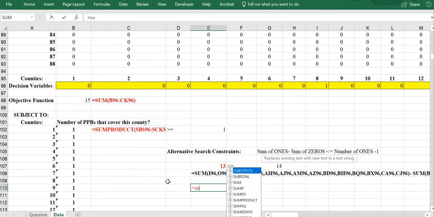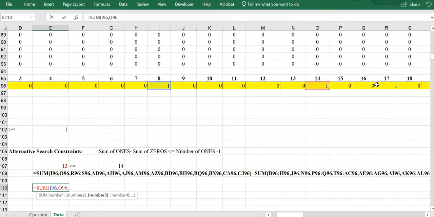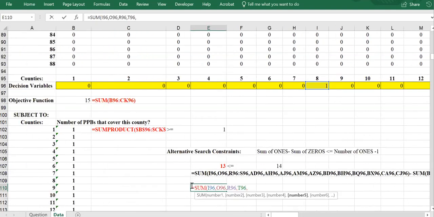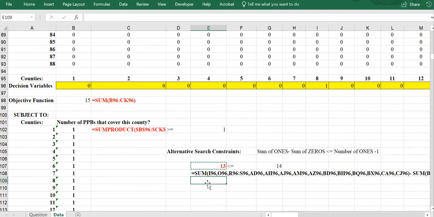So it's going to be sum of ones, 14, 17, 19. You know what? It was actually exactly the same as the previous one, except for 19 and 18 that we changed.